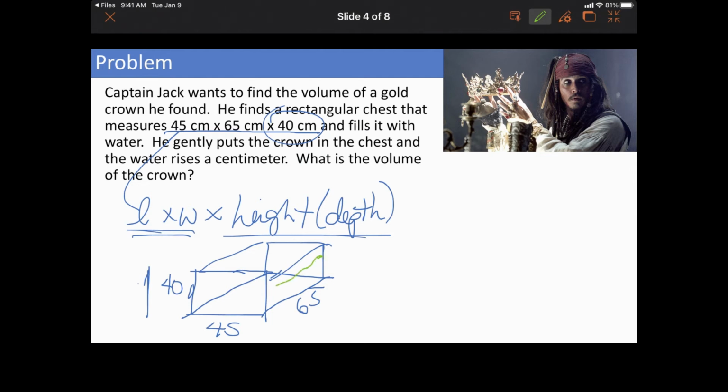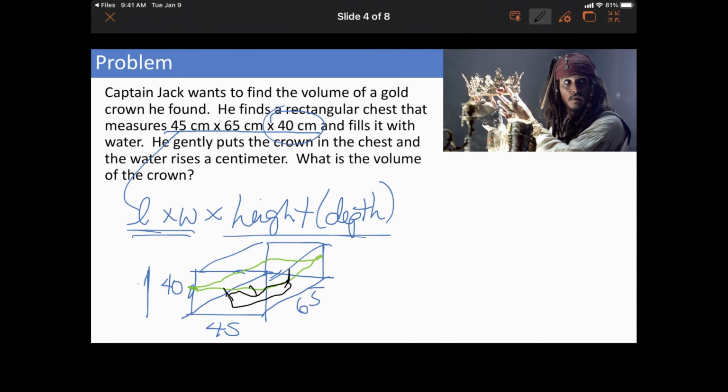And you're like, but it didn't tell me how much water it started with. It doesn't matter. Because this is slightly different than the rock one earlier. Okay, yeah, that's my crown.